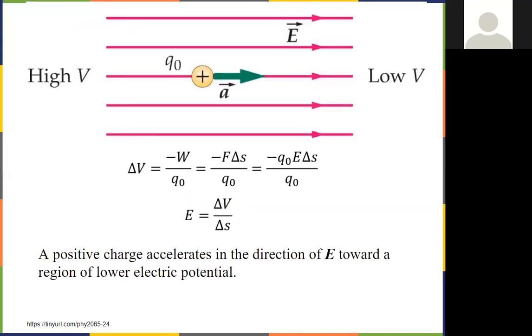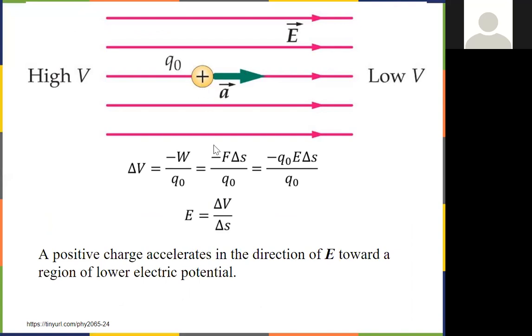So if you have a positive charge Q in the presence of electric field E, the charge will go in the direction of the electric field. So the change in potential will be equal to the negative of the work done divided by Q0.